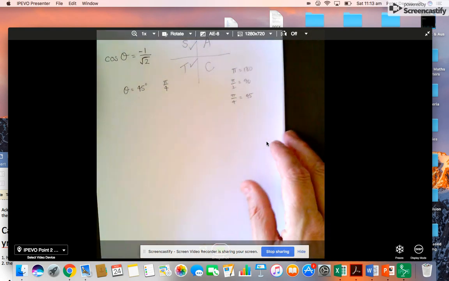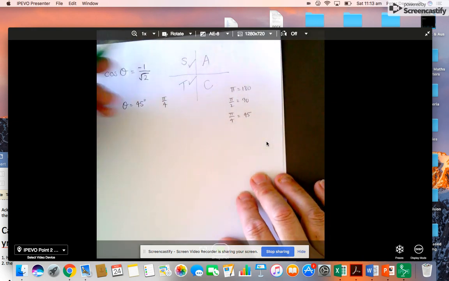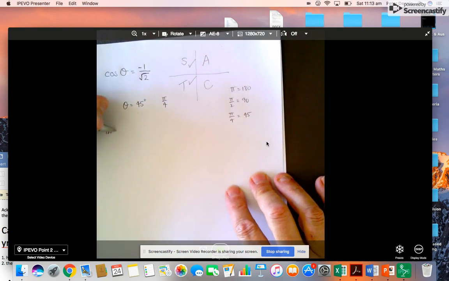Again, we're looking at these two quadrants. So here it's going to be 180 minus 45 in the second quadrant, or in this quadrant 180 plus 45. So this is 135 or 225, if it is between 0 and 360.